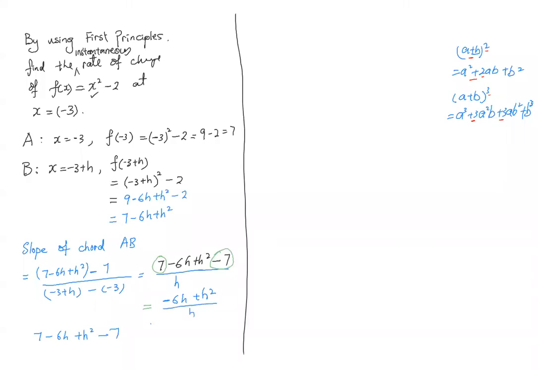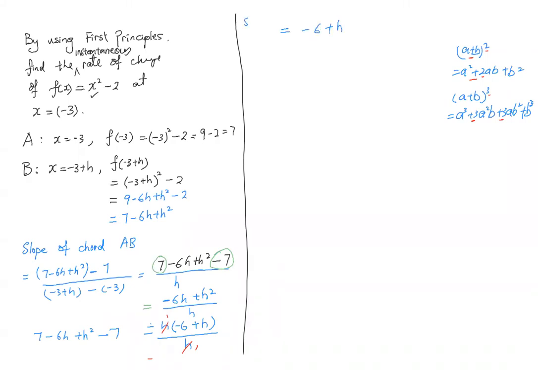So this one, we factorize out the H. Negative 6 plus H, correct? Divide by H, simplify further. So we get the final answer, negative 6 plus H, correct?